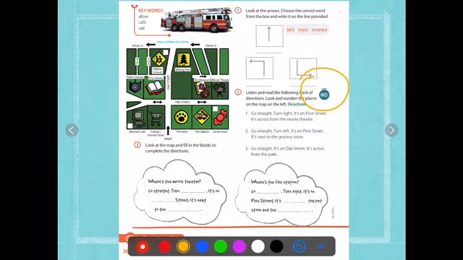I'm going to read the instructions with you about the activity. So number one says, look at the arrows, choose the correct word from the box and write it on the lines provided. You have images there that show you the arrows pointing at directions. All you have to do is decide what the name for each arrow means. All right, then on activity number 2, you're going to listen and read the following track of directions.